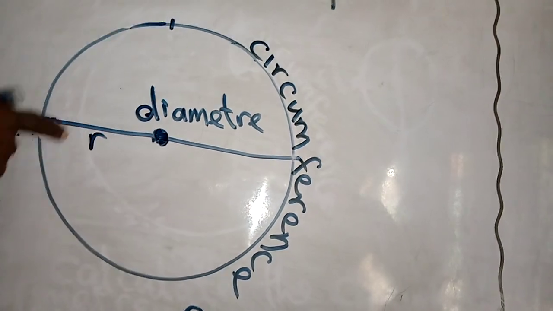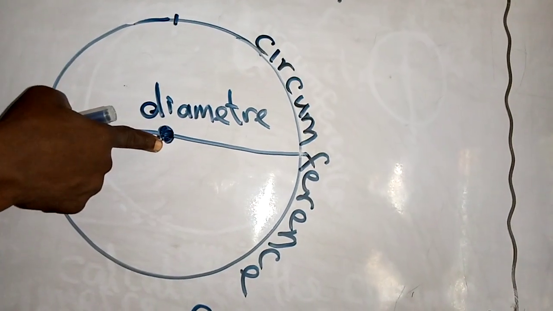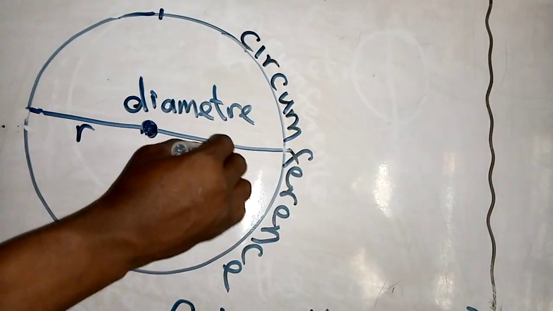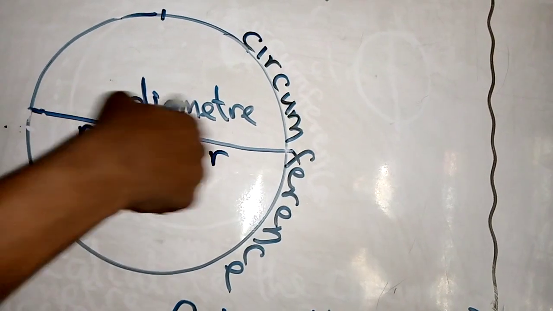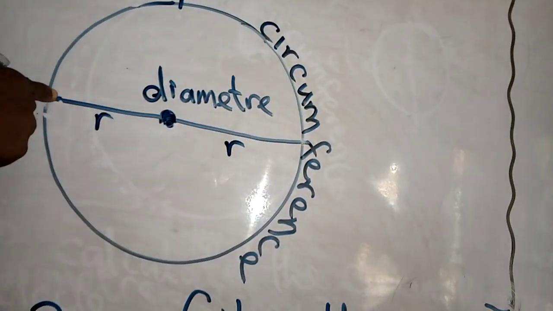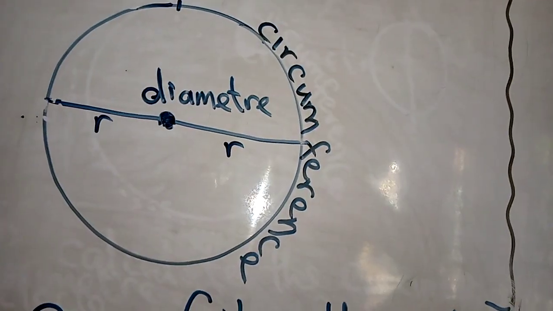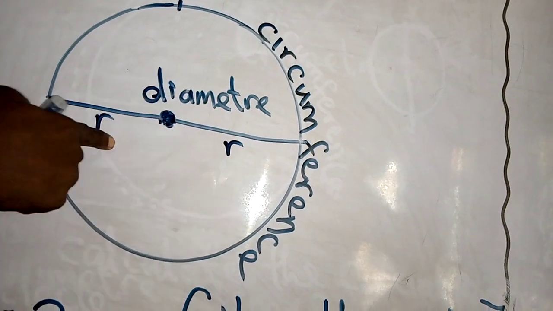A line that moves from the circumference of the circle to the center of the circle is what we call radius. This is another radius. From here to here is a diameter. So 2 radius will give you a diameter.